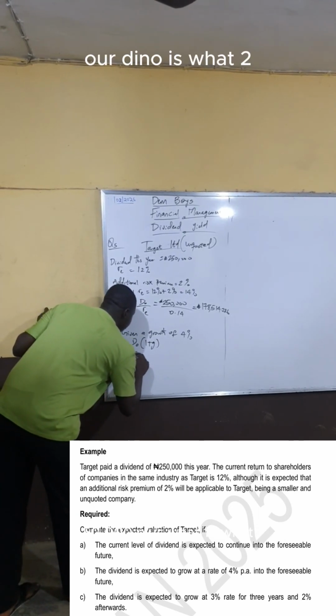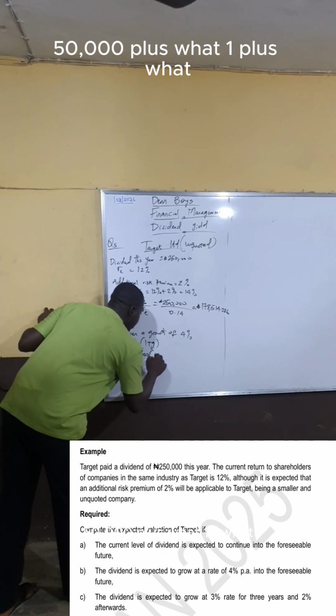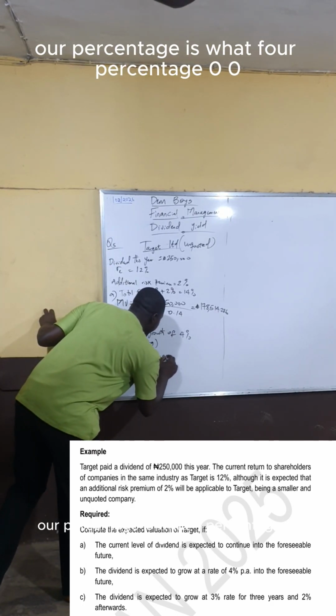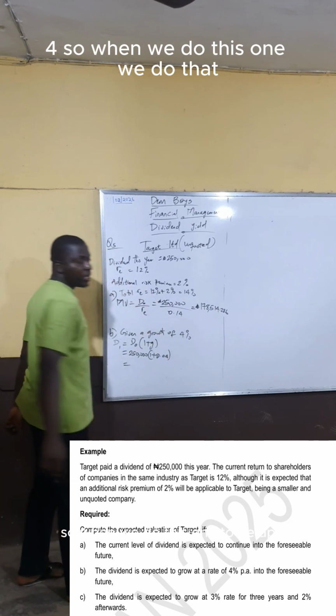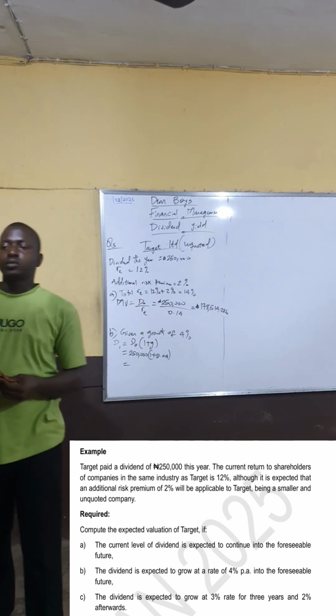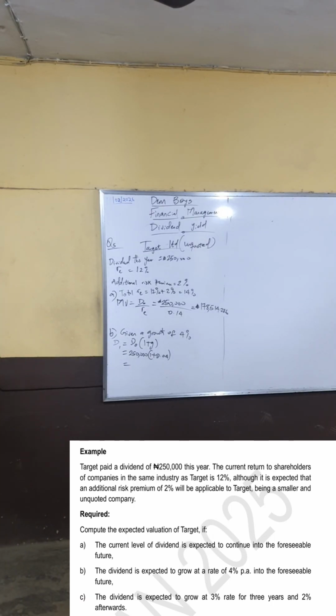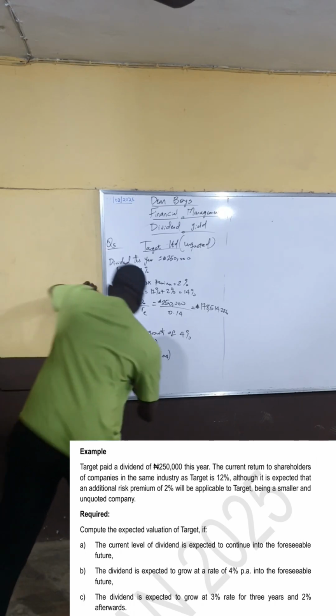Our D0 is 250,000 times (1 plus 0.04). So when we do this, we have 260,000.